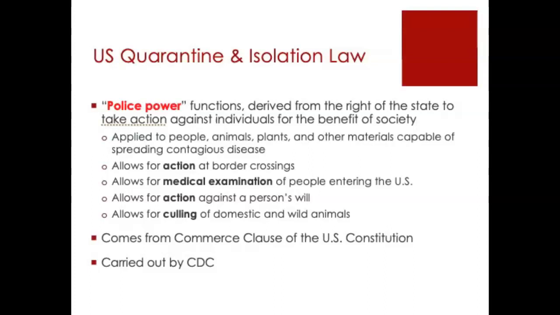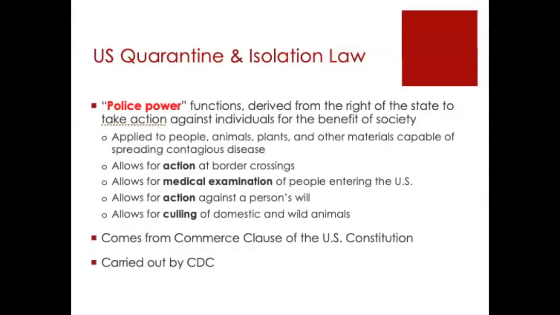The police power functions stretch to the borders of the United States, so it gives Border Patrol agents the right to take action against the spread of infectious disease. It allows anybody coming into the United States to be subject to certain medical examination to make sure that they're not bringing the disease into the country.